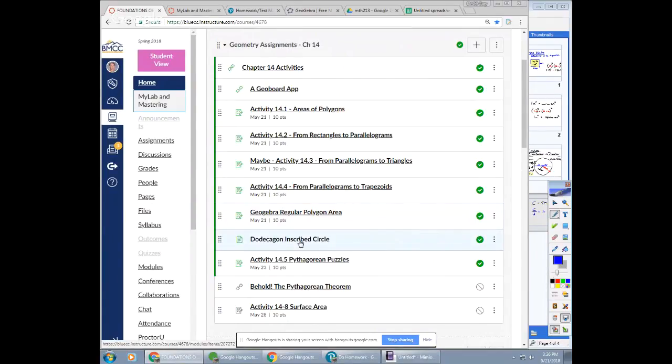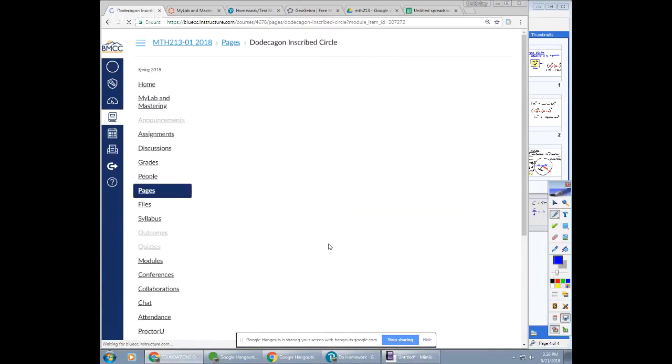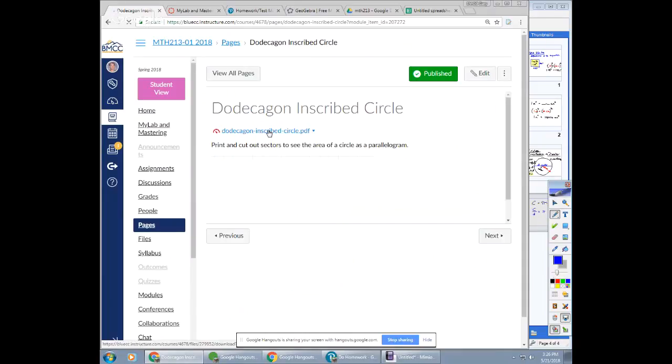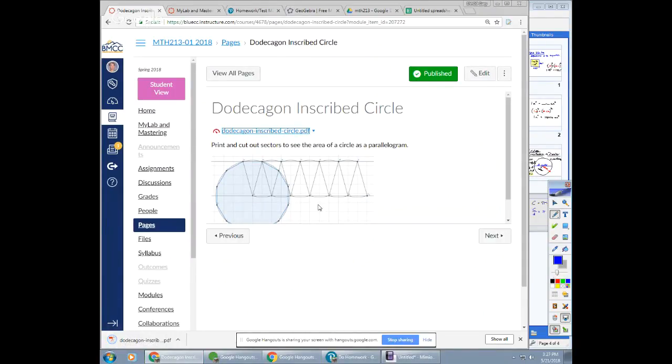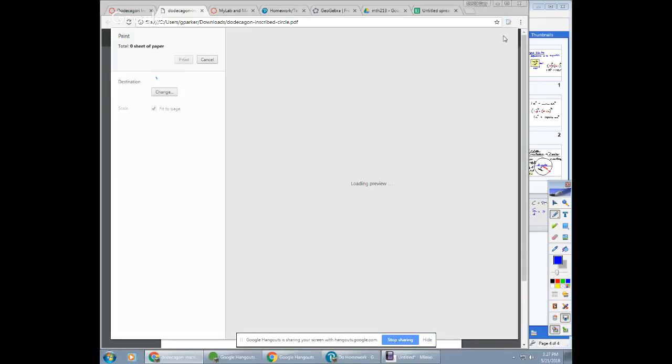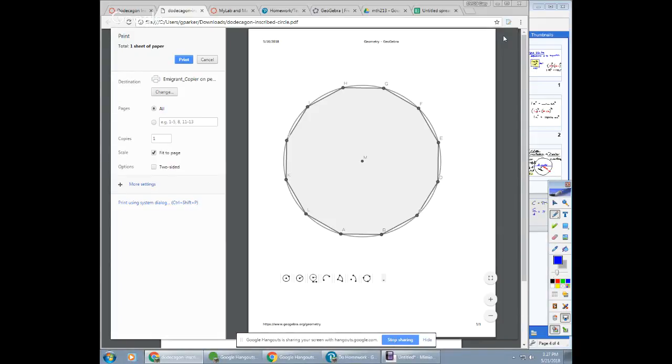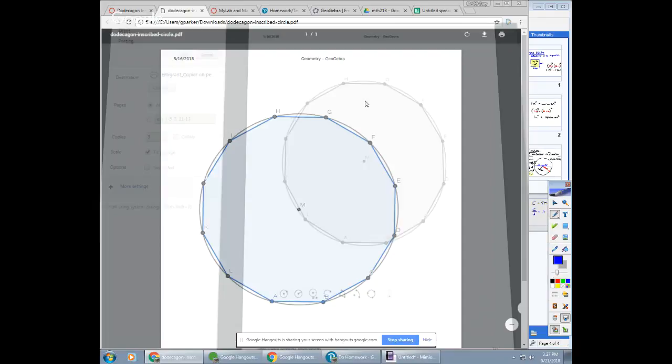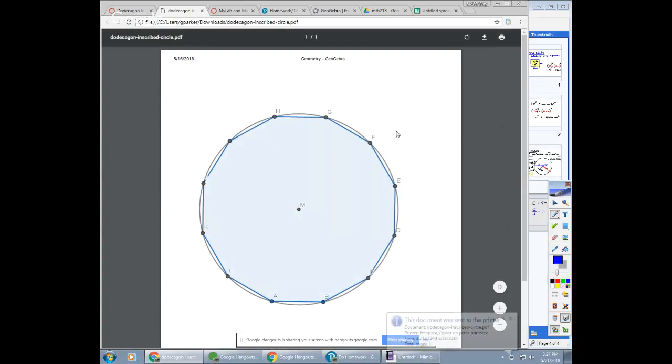I had it here somewhere. Dodecagon inscribed circle. There it is. So this is what we're doing for the audience out there in the future. I guess I need a copy of it too. Yeah, cut that circle out. I'll make 3 just in case somebody messes up their cut.